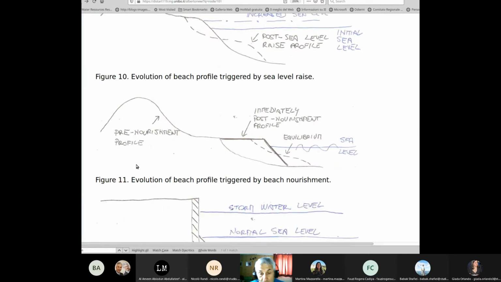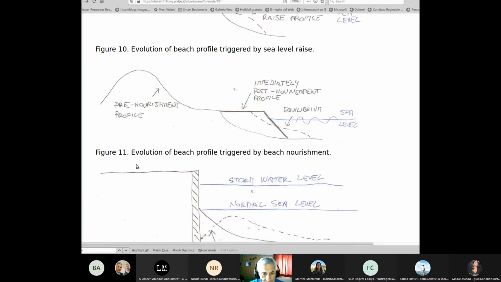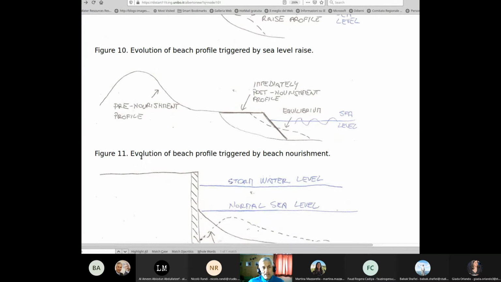And now let's see what happens with the beach nourishment. Beach nourishment, as we will see, is an intervention that is frequently adopted when we want to contrast beach erosion.